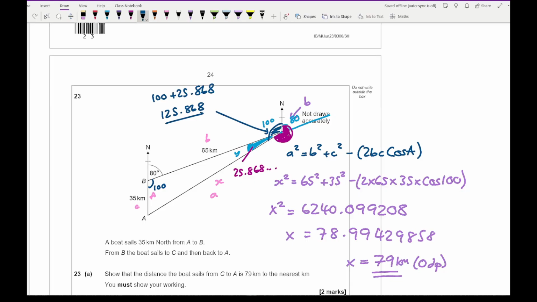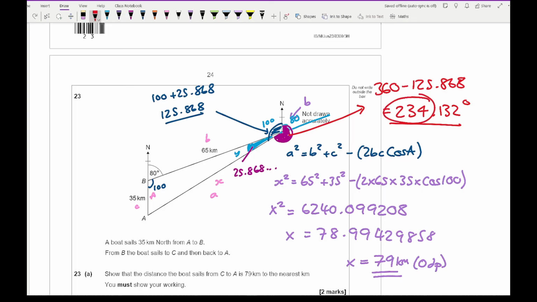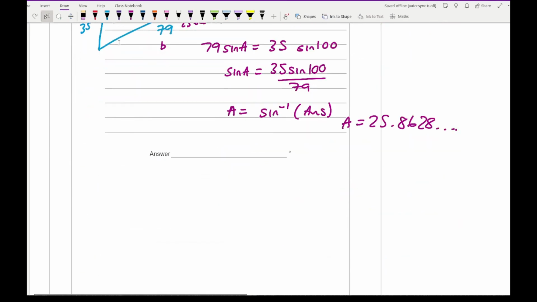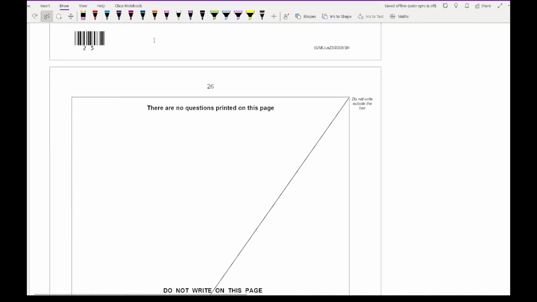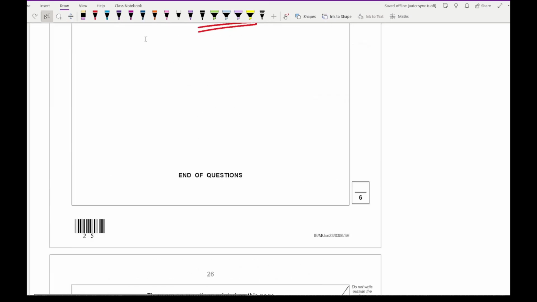Then to work out this purple angle, it's going to be 360 minus 125.868, which gives me an answer of 234.132. Now remember, with bearings we always want to give it to the nearest degree, so it's going to be 234. And there we go.